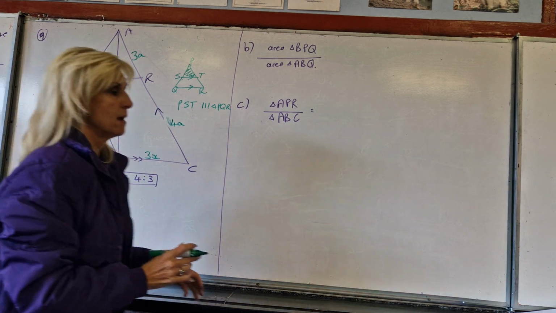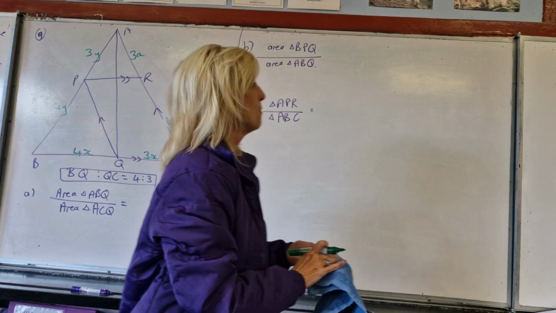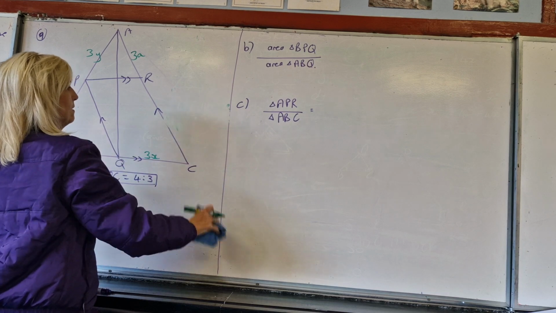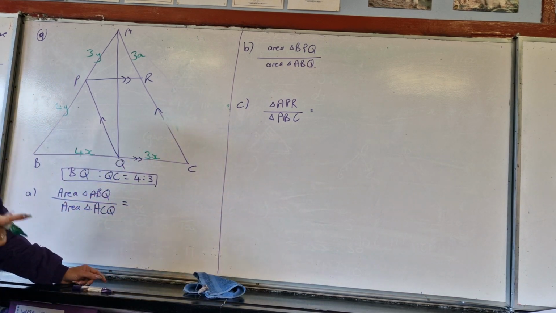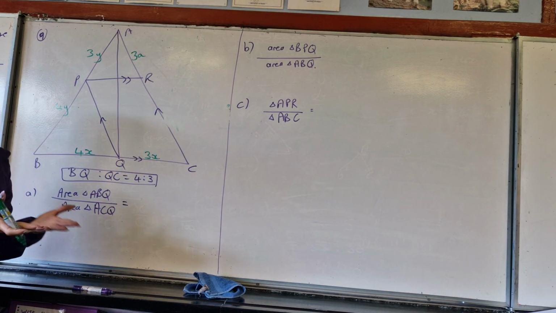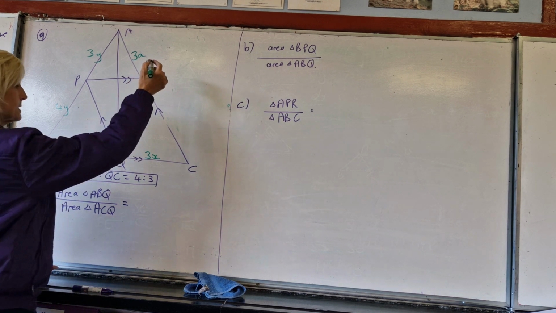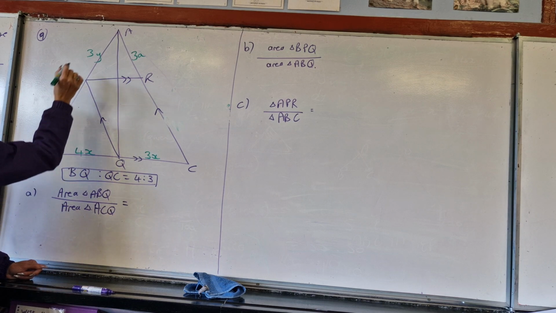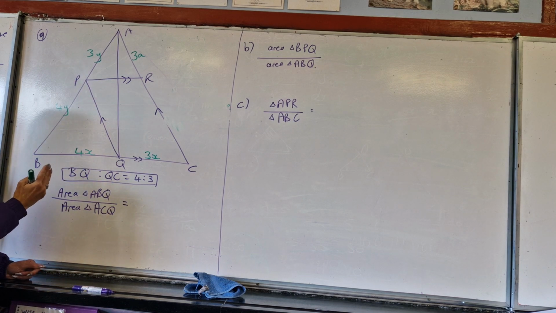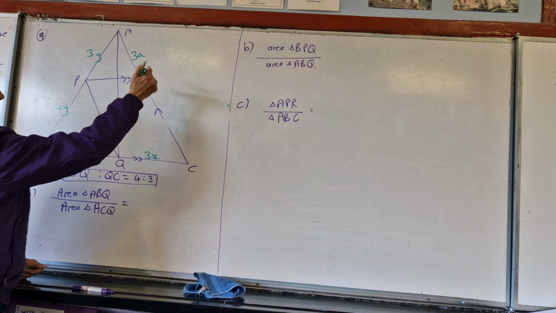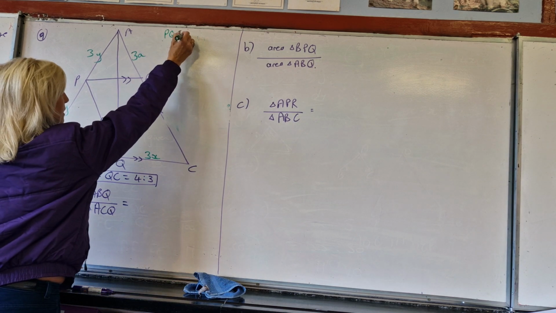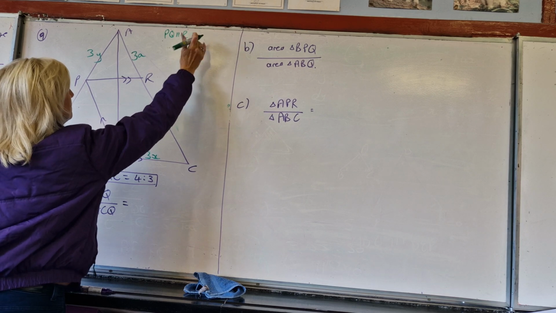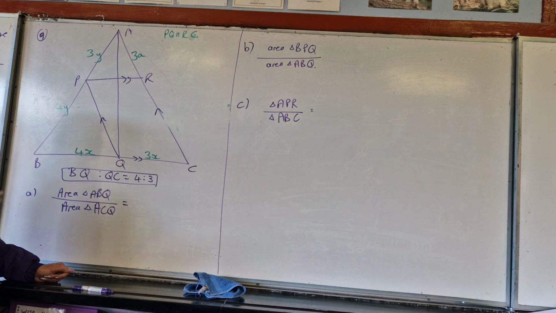Right. Now, to get all your marks, you needed to tell me that. Some kids just fly off the handle and start using that, you're going to lose marks. You have to tell me why that is, because the reason is the first theorem. So please tell me, I haven't left enough space, I'm going to do it here. Why did I say 4, 3 there with the parallel lines? PQ and RC. Because PQ is parallel to RC, given, and I'm not writing given there, and you wouldn't lose a mark for that.